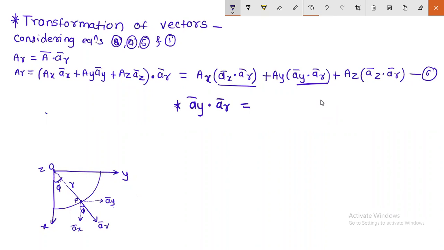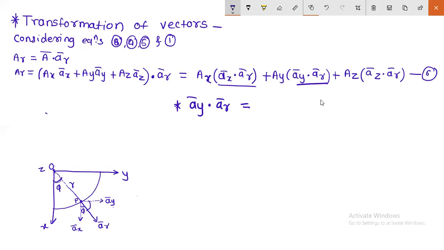Can anyone tell me the angle between a bar r and a bar y? Phi. How is it phi?